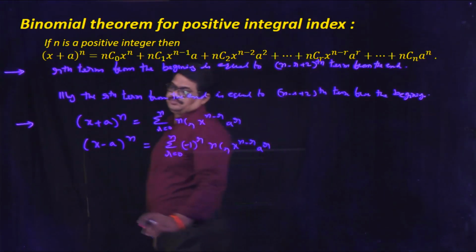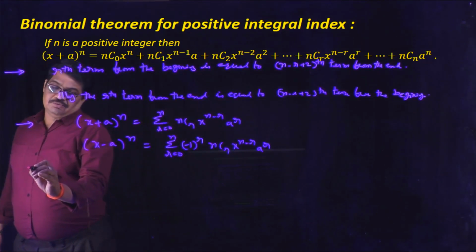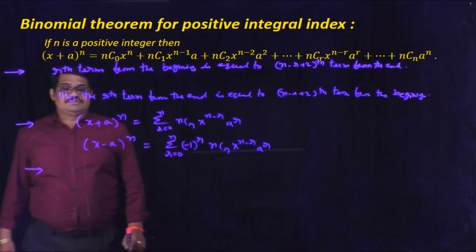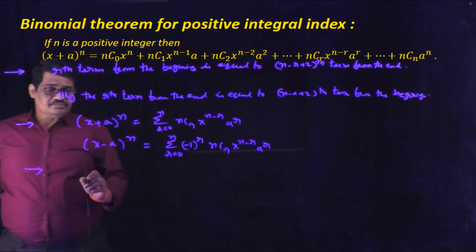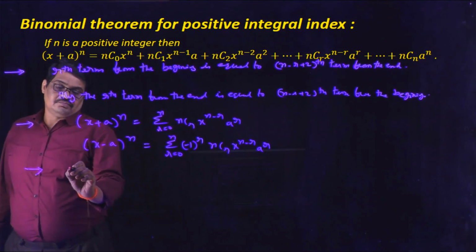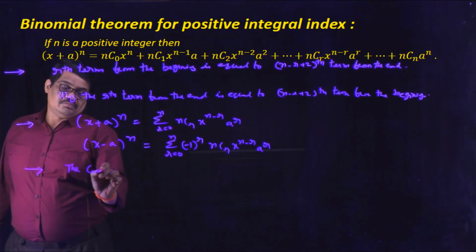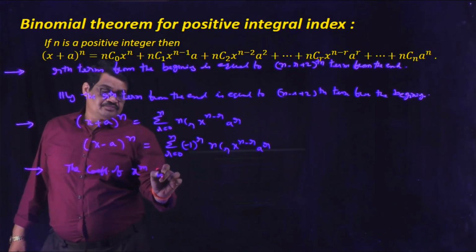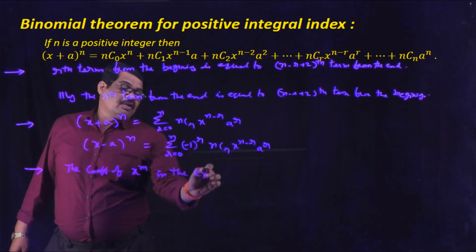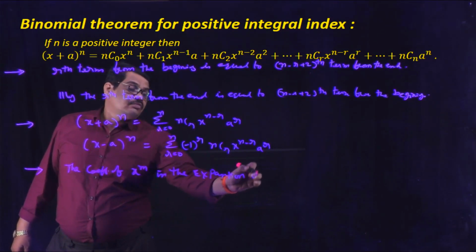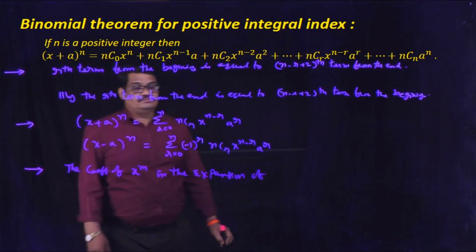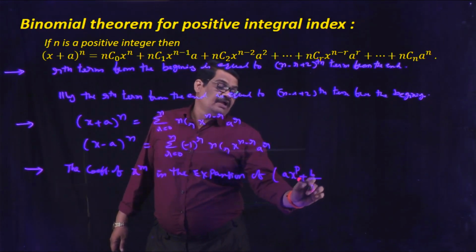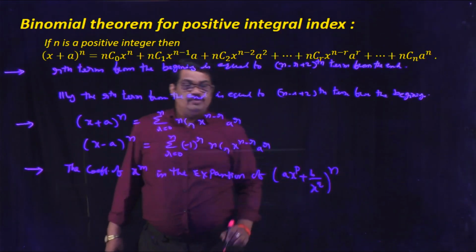Next point is, what is the coefficient of x to the power of m in the expansion of (a x power p plus b by x power q) whole to the power of n.